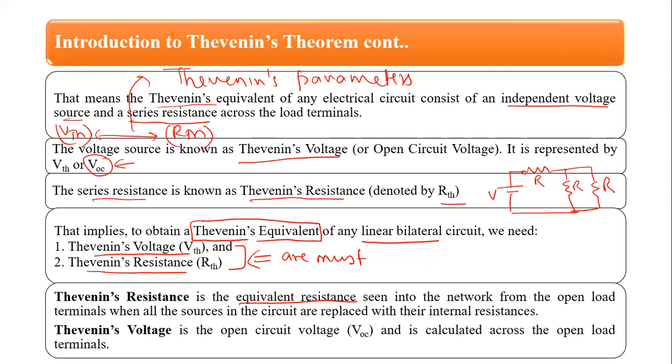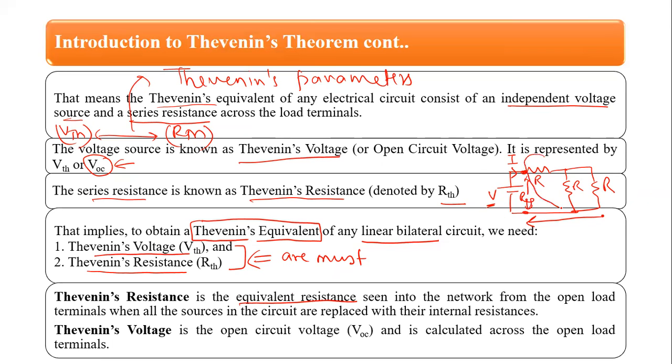It will be measured across these two input terminals, so that we can find the value of I, or if I is given, we can find the value of V. So we start from this point and converge to the input, because we are measuring R equivalent here.